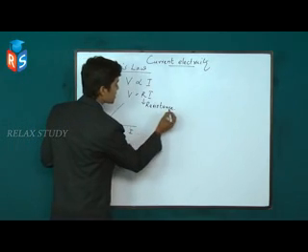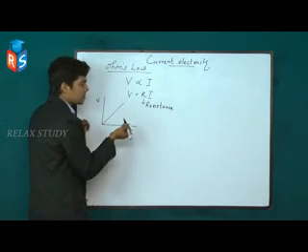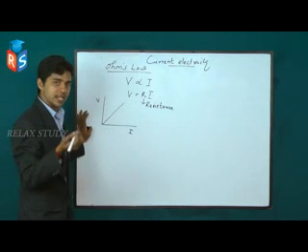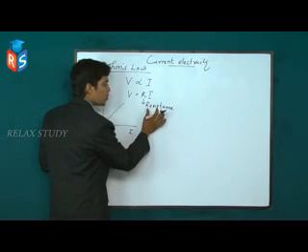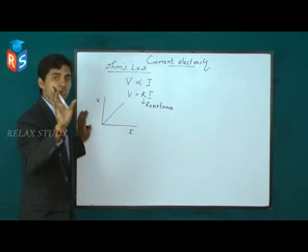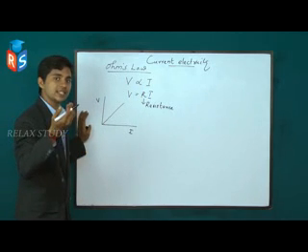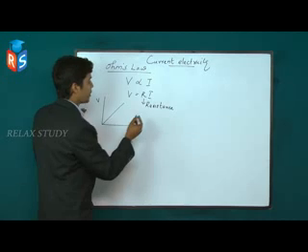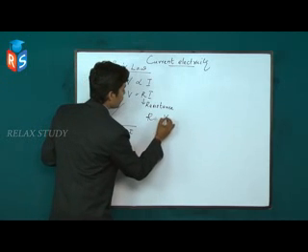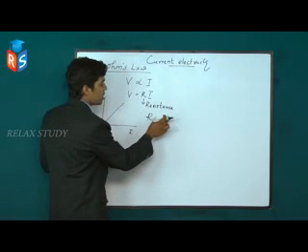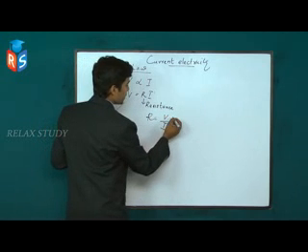Now R is the resistance. As the term itself suggests, resistance is a kind of opposition. It is an opposition given by a conductor to the flow of current, and that is a property of every conductor. For each conductor, the value of resistance will be different. We can write R is equal to V by I from this relation, where V is the voltage and I is the current.